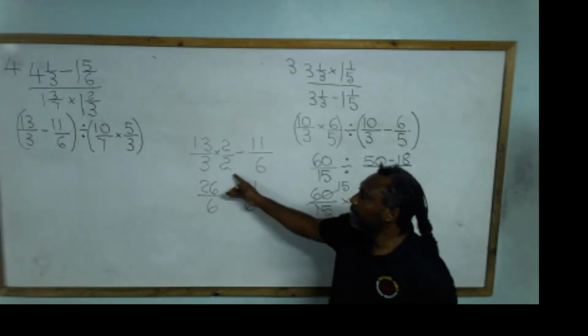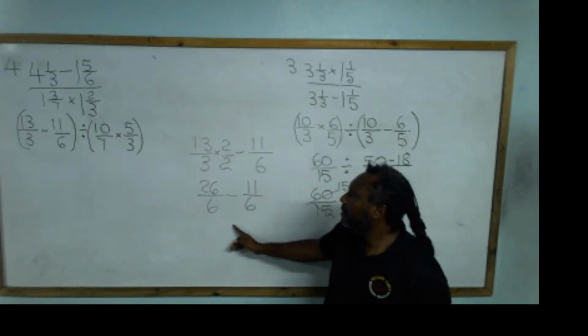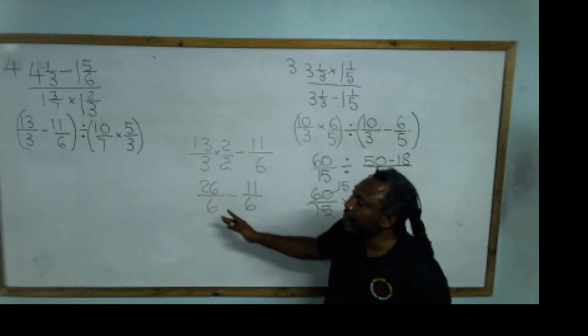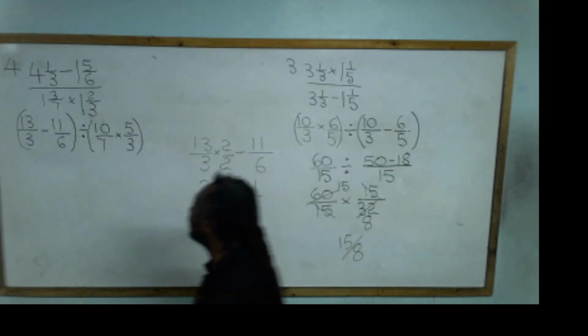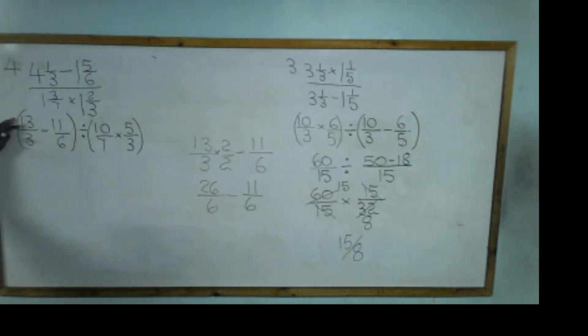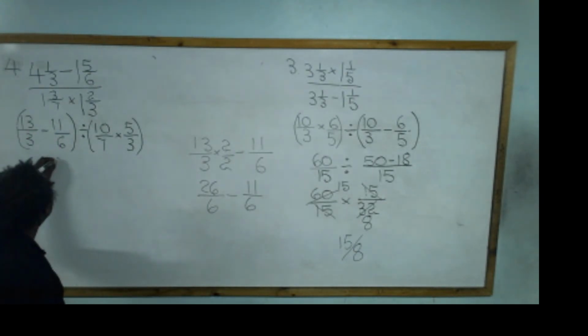So this one, we shouldn't do this on the board. I'm just doing it as an illustration. So as soon as you see this, you should know that multiply both numerator and denominator by 2, you're going to get what? 26 over 6. 26 over 6 minus 11 over 6, and you know that it's 15 over 6.